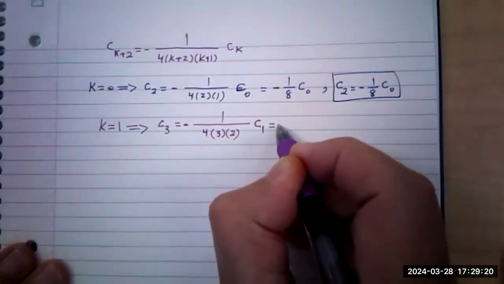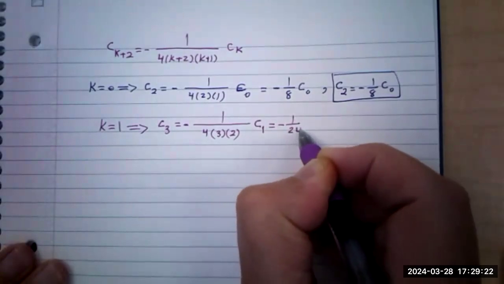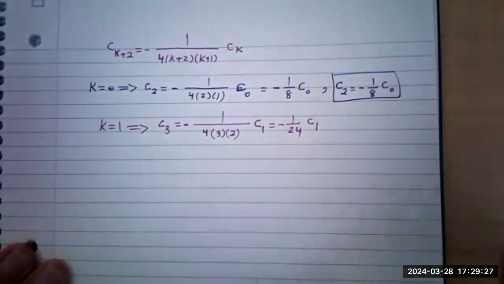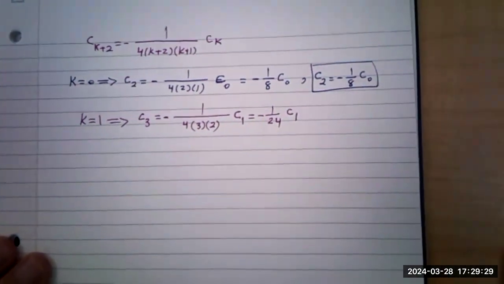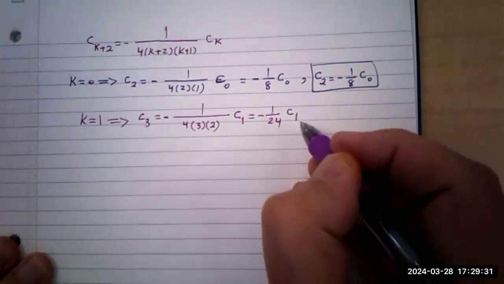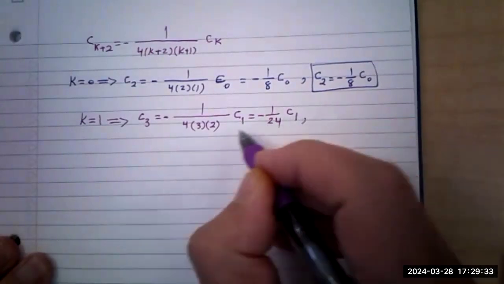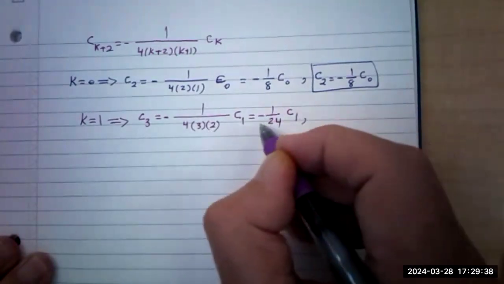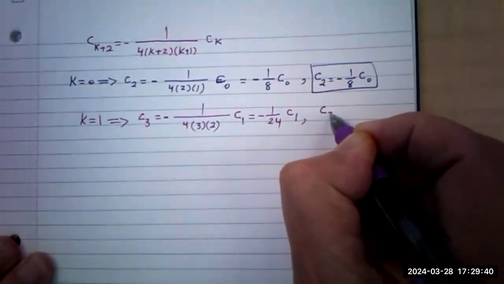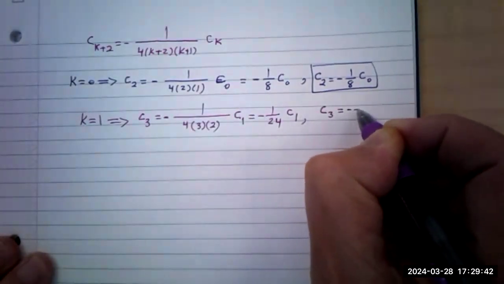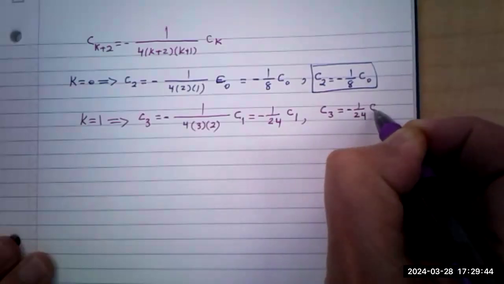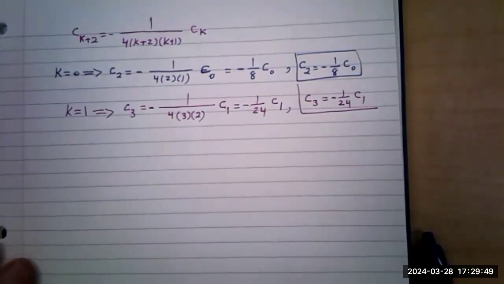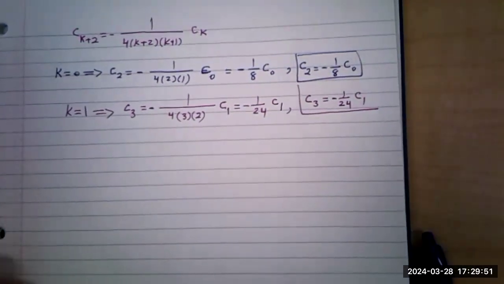So that gives you negative 1 over 24 c_1. So c_3 would be negative 1 over 24 c_1. Again, you can have two constants, so it's okay to have the c_0 and the c_1 so far.